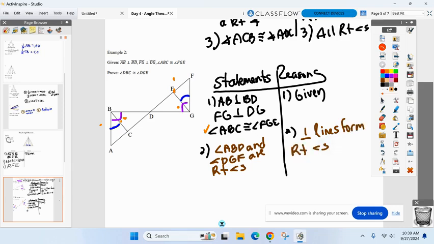Once you tell me where they are, now what can you tell me about them? All right, I have right angles. Now what do I know about them? They're congruent. That's going to be a two-step process in every proof. Tell me they're right angles, then in the next step, tell me they're congruent.